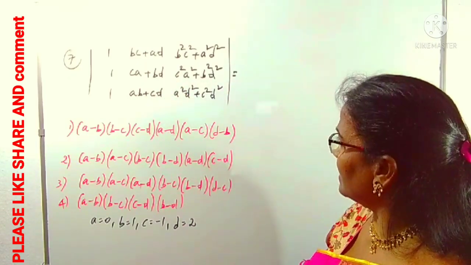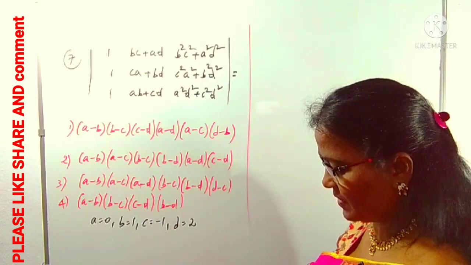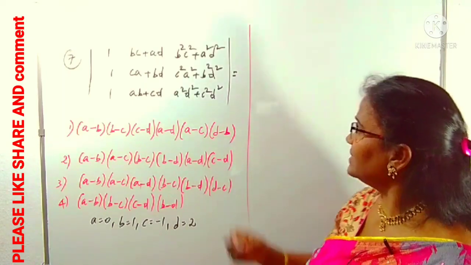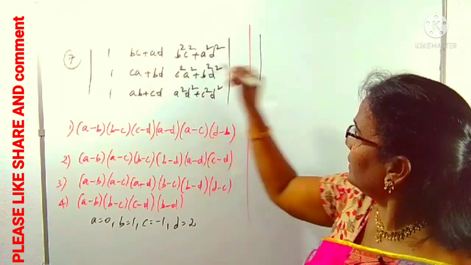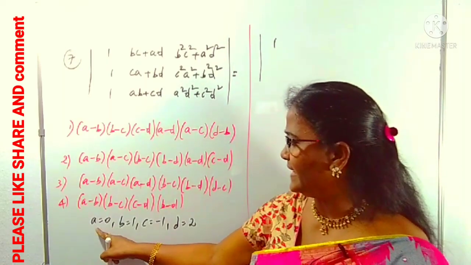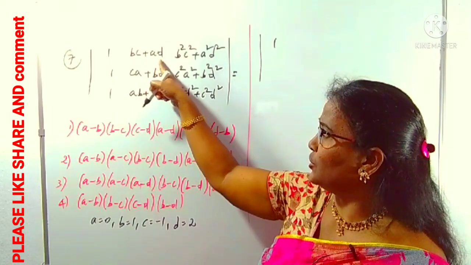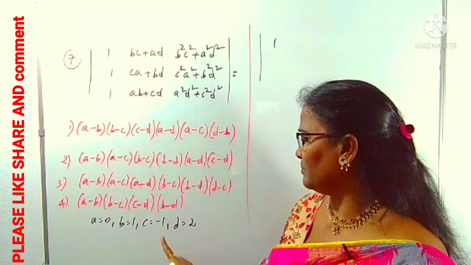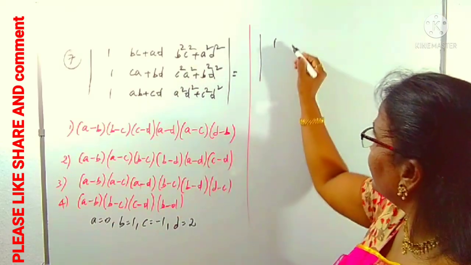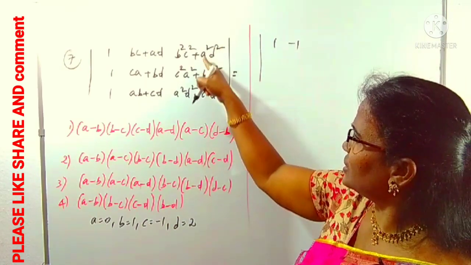We can understand that. First element 1, second element, already we have taken A is 0, means wherever A is there, A into 0 is 0 only. Next here BC only left out. BC means 1 into minus 1 is minus 1, right? A is 0 means this term gets cancelled.